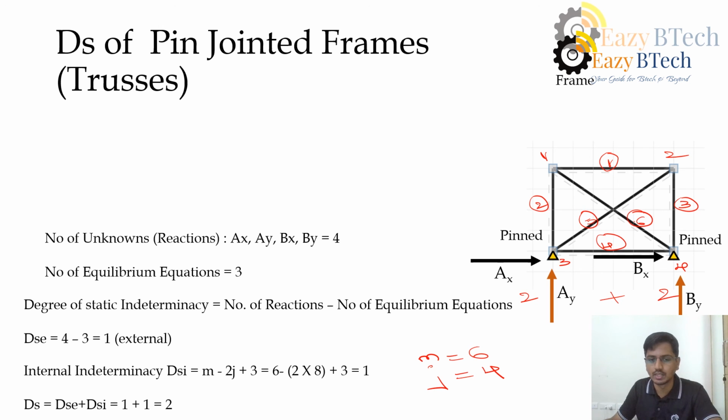If I substitute that here, what value will you get? You'll get 1. The total degree of static indeterminacy is the external indeterminacy plus the internal indeterminacy, so 1 plus 1, 2. So overall this truss is statically indeterminate with degree 2.